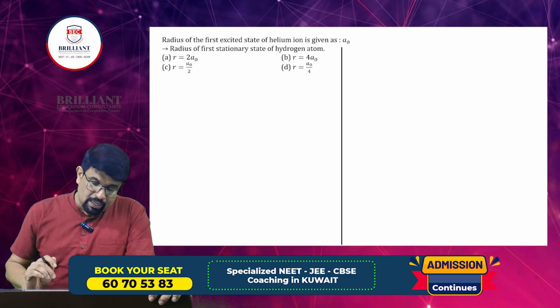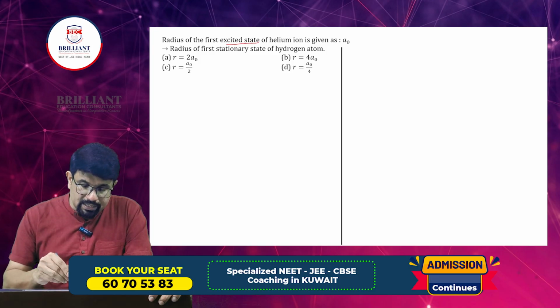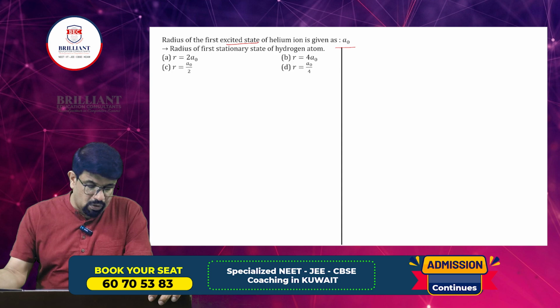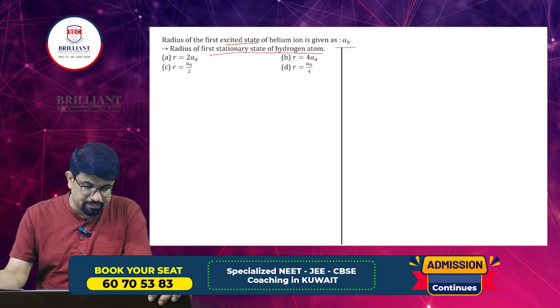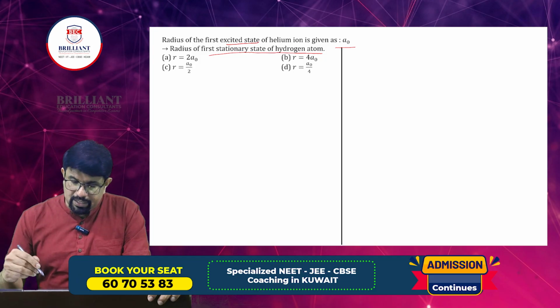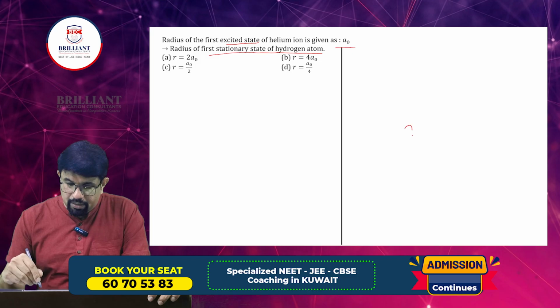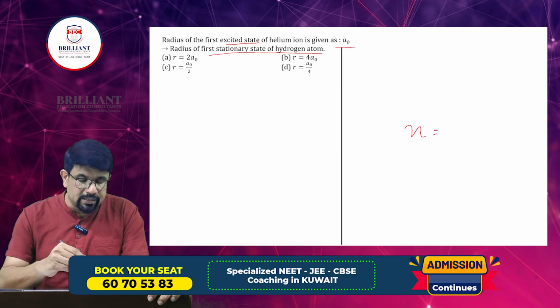Next question. Radius of the first excited state of helium ion is given as A0, radius of first stationary state of hydrogen atom. What is the first excited state? If they give a specific stationary state, we can take it as 1, right?